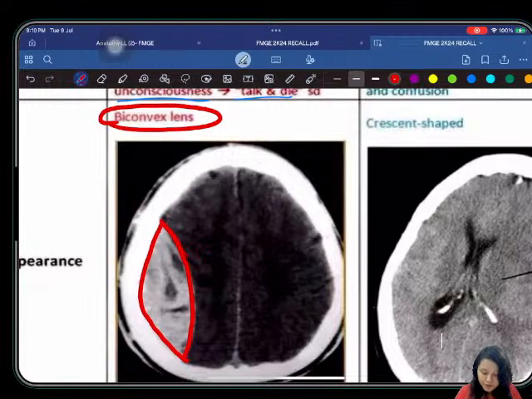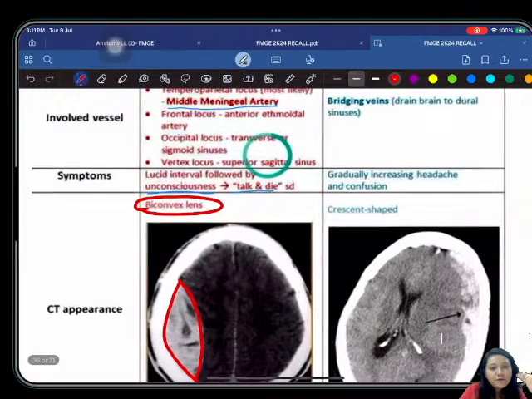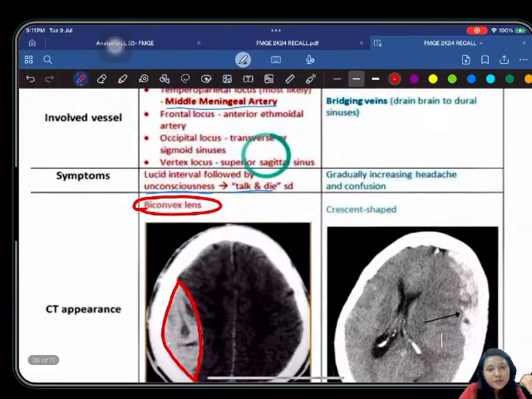The hematoma will be biconvex in shape, mostly due to damage to the middle meningeal vessels, and you will have a lucid interval followed by talk or die.